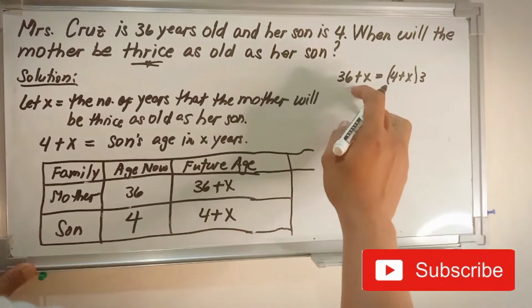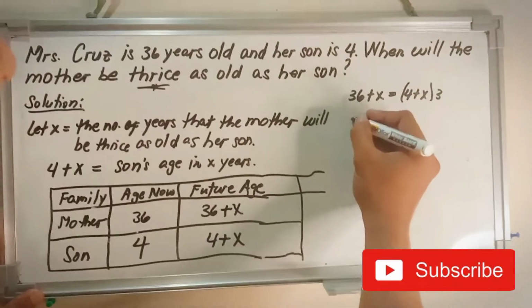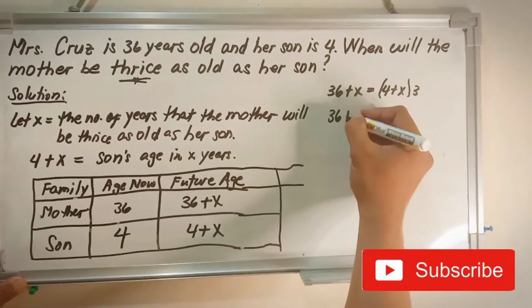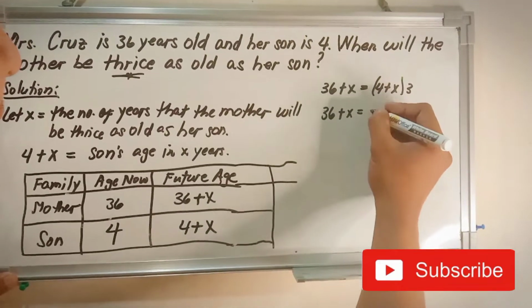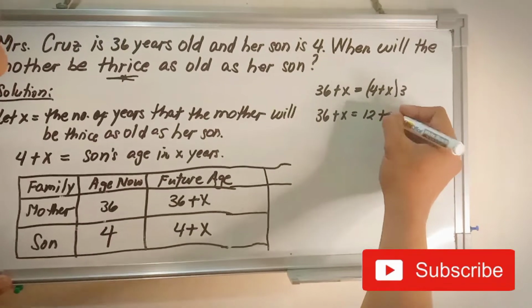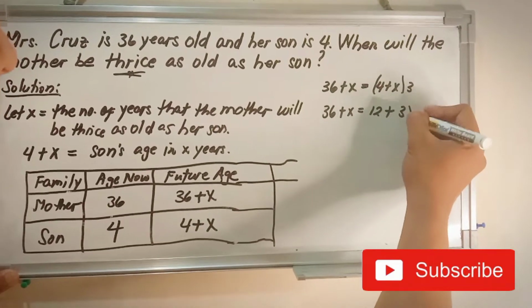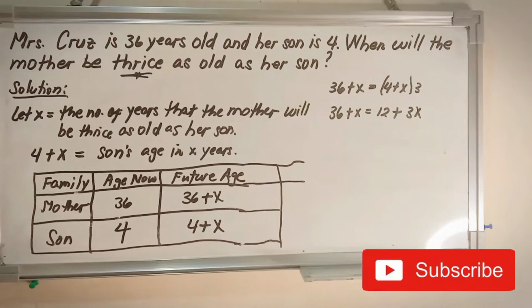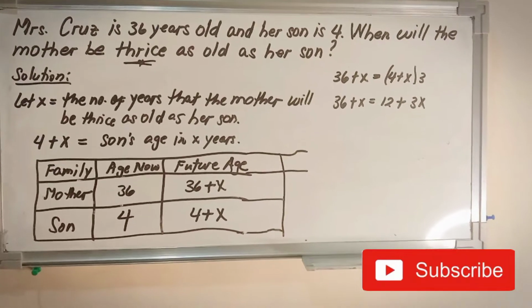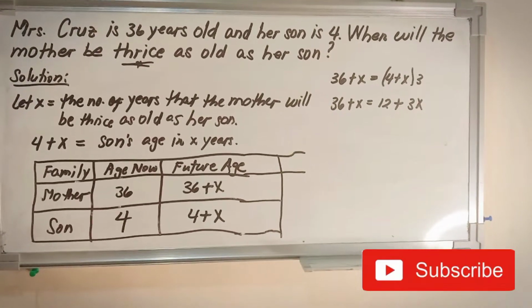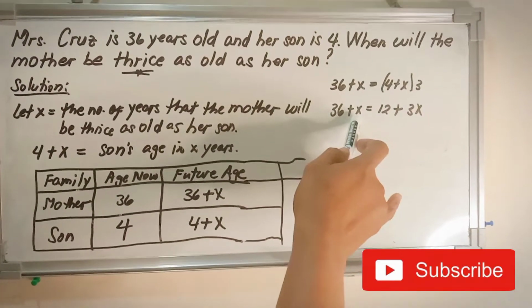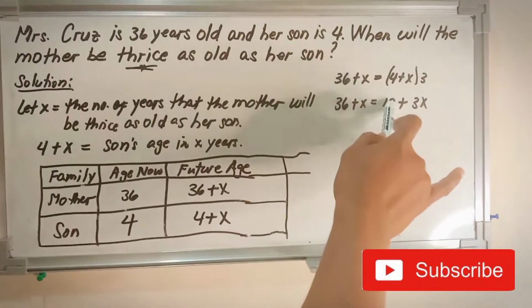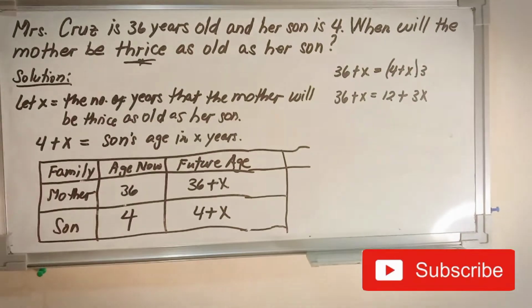To simplify, 36 plus x is equal to 3 times 4 plus x. Applying the distributive property, 3 times 4 is 12, and 3 times x is 3x.